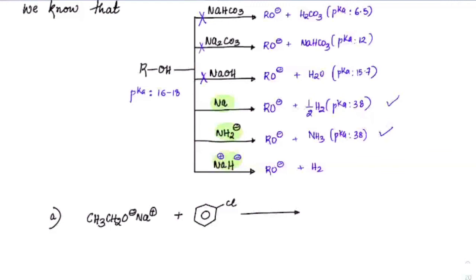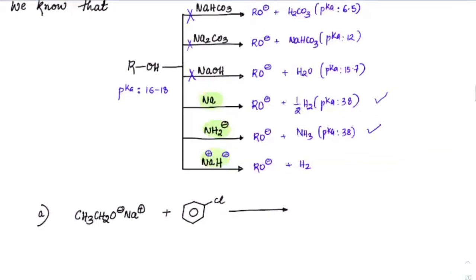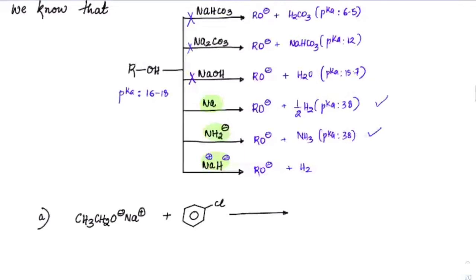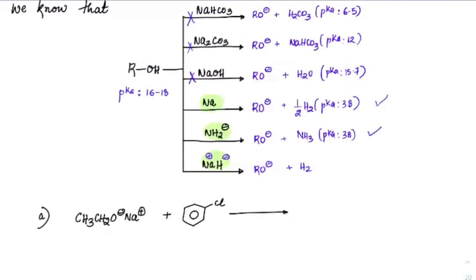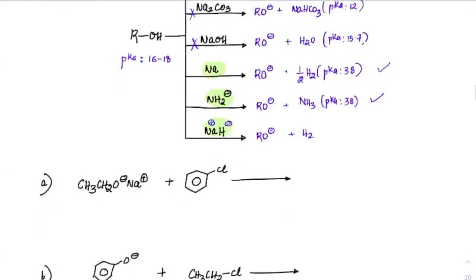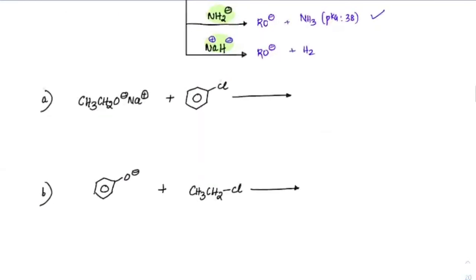Finished, guys? Right, check this. If we are expecting that this alkoxide should attack here and Cl minus will leave, is it SN2 ready?